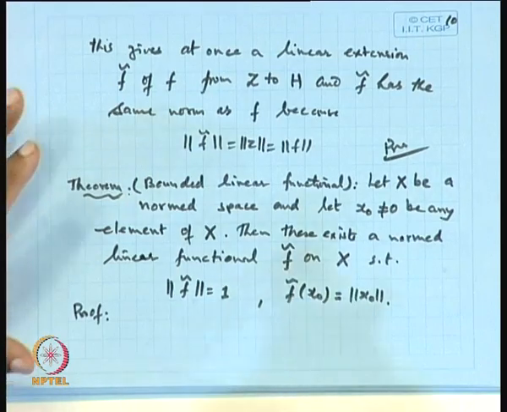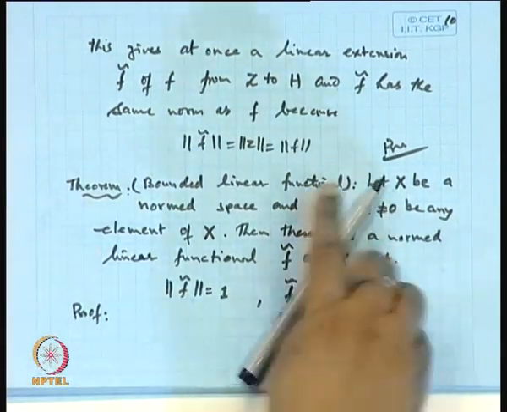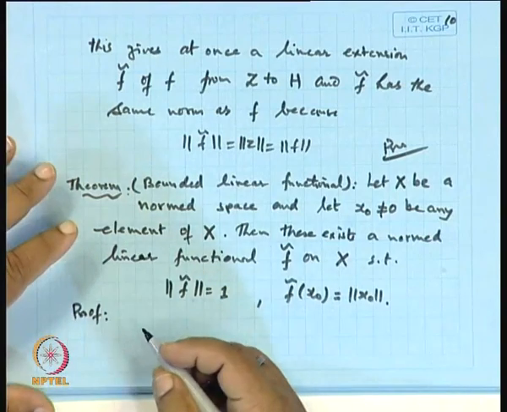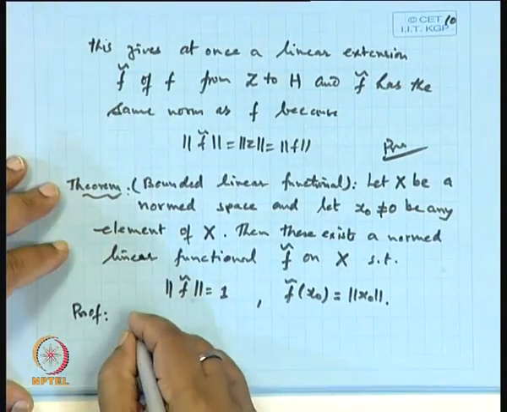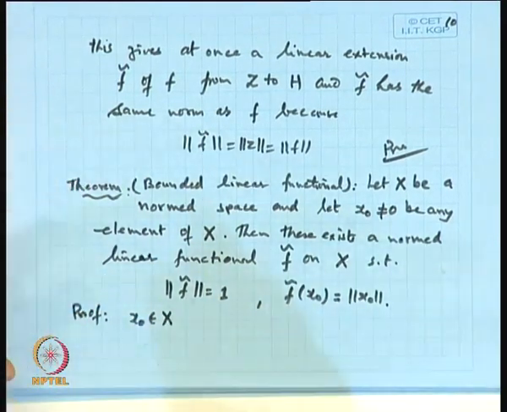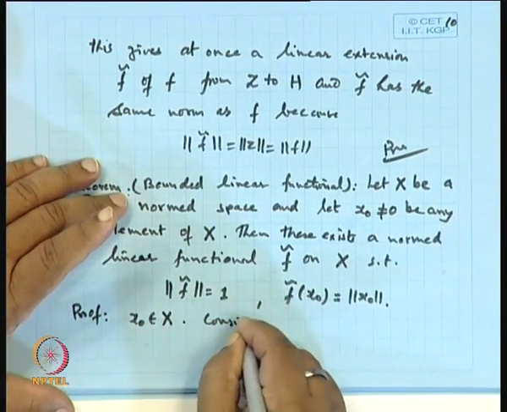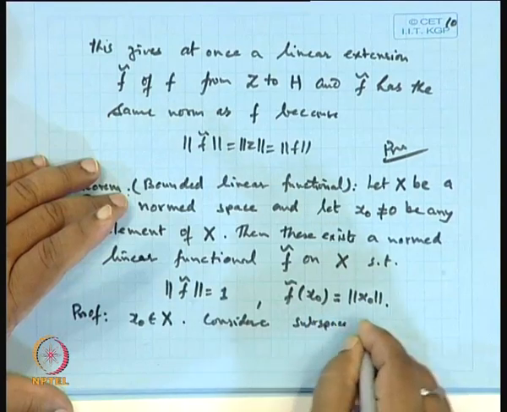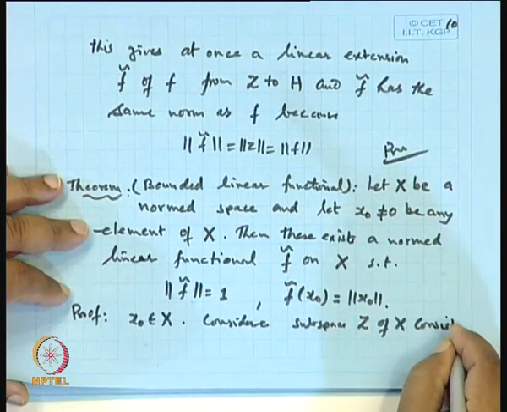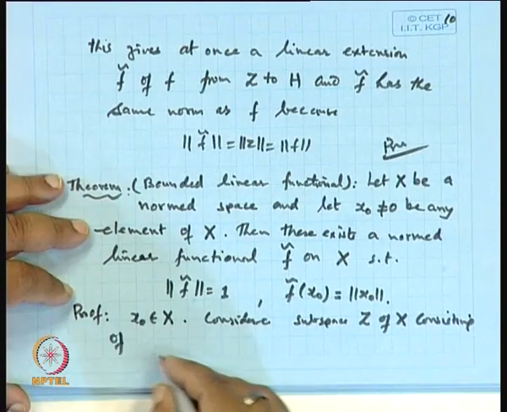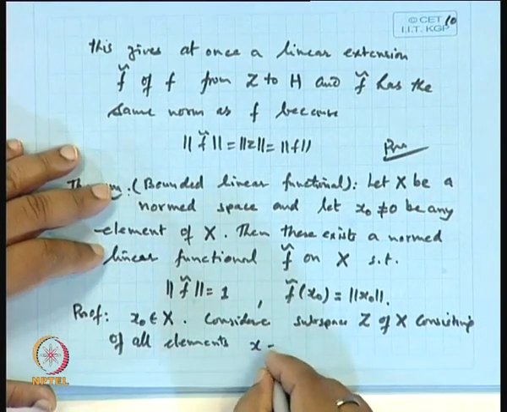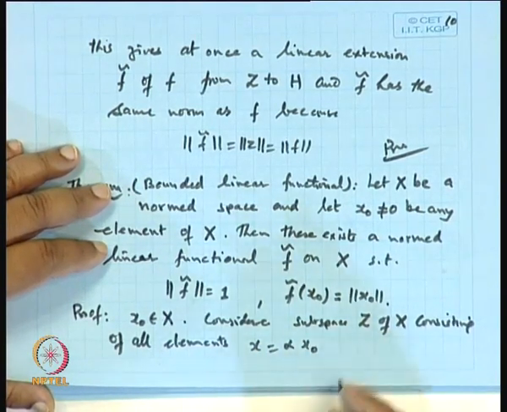The proof: to prove this, let us consider a subspace. x naught is a point in X. Let us consider a subspace Z of X consisting of all elements x which are of the form alpha x naught, where alpha is a scalar.